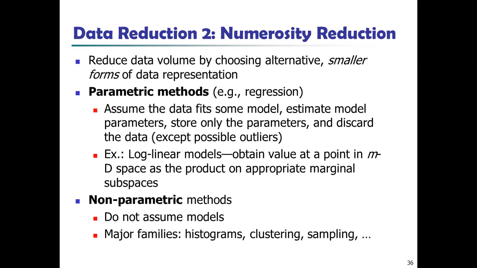An example of a parametric method is log-linear models, which obtain the value at a point in m-dimensional space as the product of appropriate marginal subspaces. The second is non-parametric methods, which do not assume models: major families are histograms, clustering, and sampling.